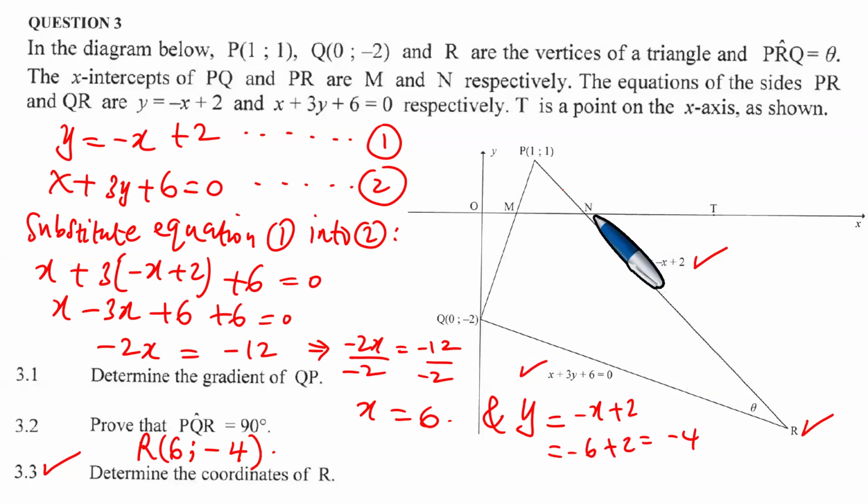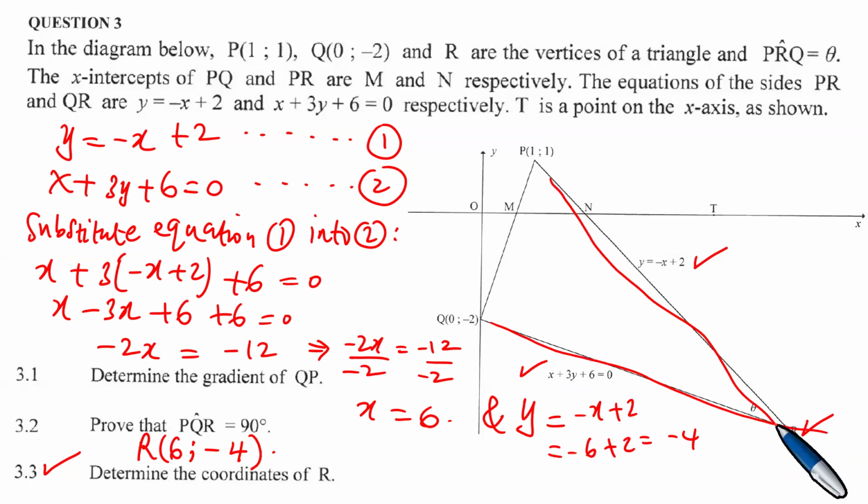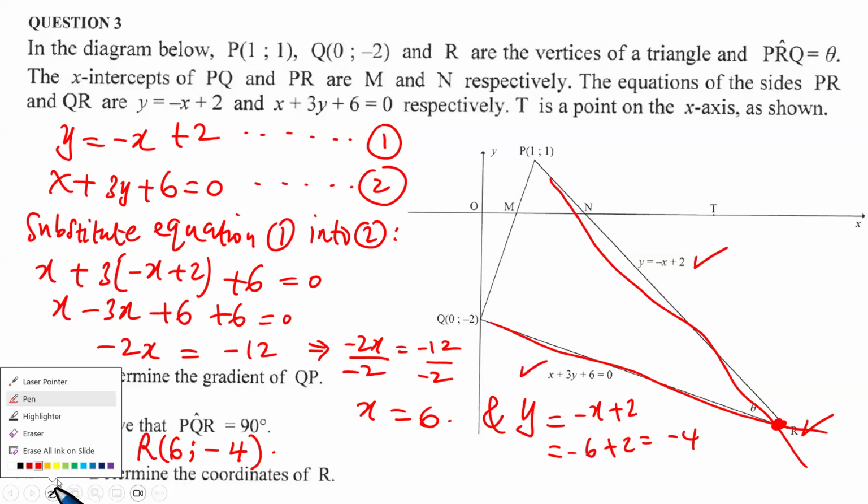We realized that there's a line whose equation we know, and another line exists whose equation we know. They meet at a point, and when they do, we have a point of intersection. That point of intersection is the point R, and the coordinates have been found: 6 and minus 4. Next question.